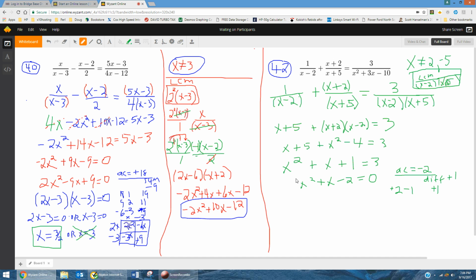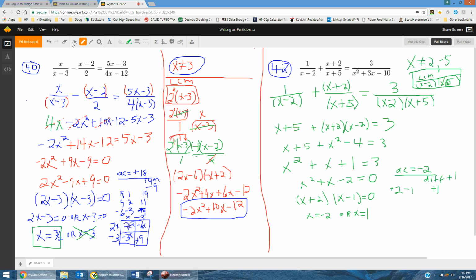And since the leading coefficient of x squared is 1, this is easy to factor. You don't need to actually use the box. X plus 2 times x minus 1. So x equals minus 2, or x equals 1. Neither of those is in our unacceptable list, so these should both work.